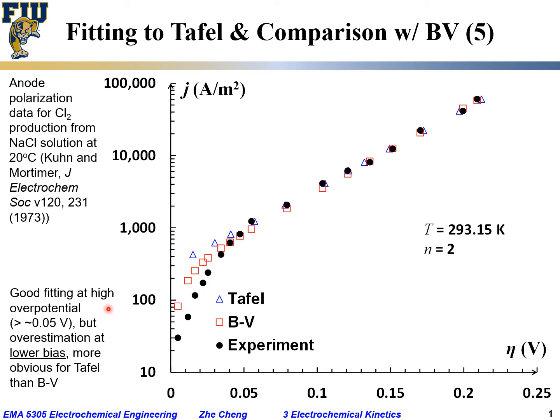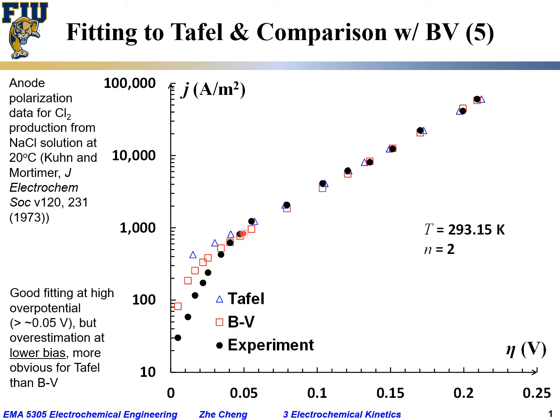So overall, we have good fitting at high overpotential for both blue representing Tafel relationship as well as red represent Butler-Volmer relationship.